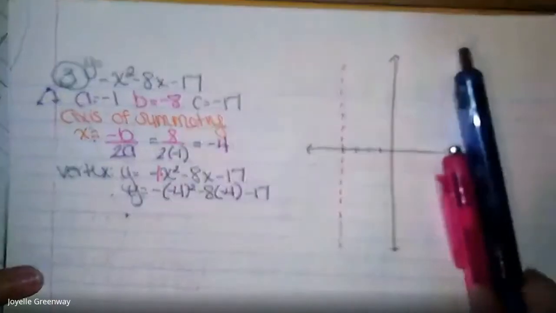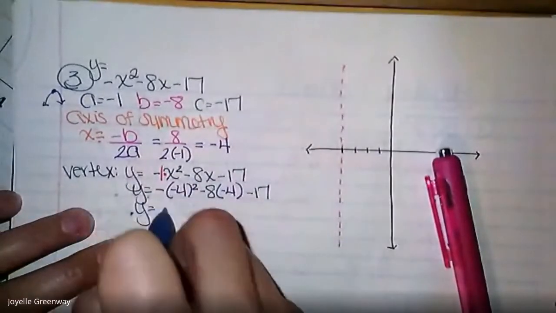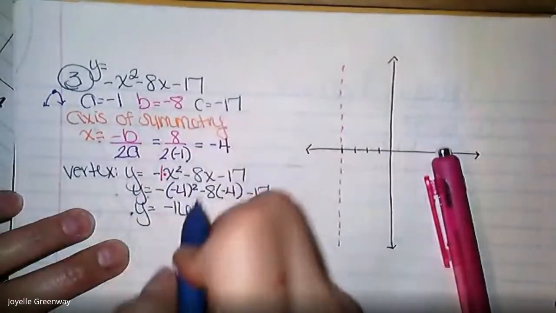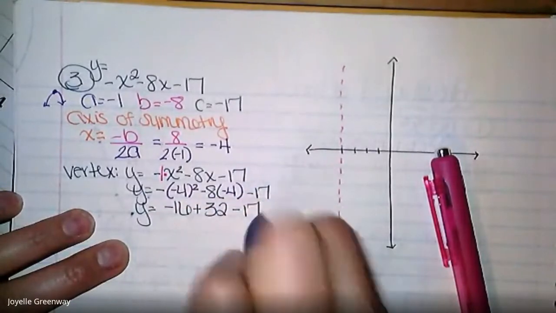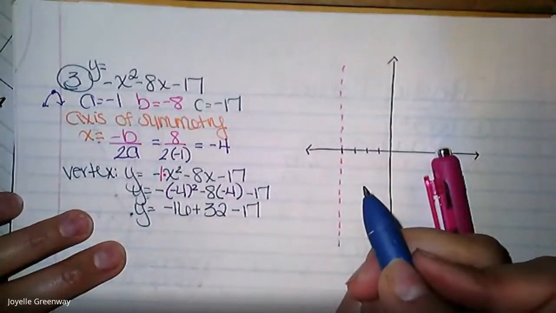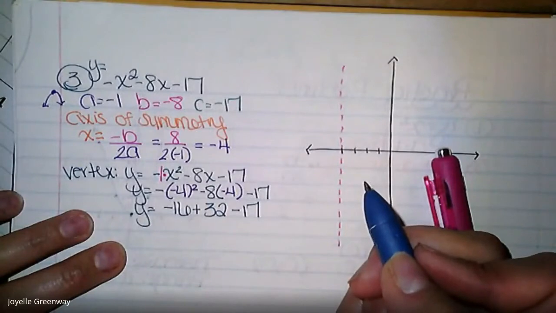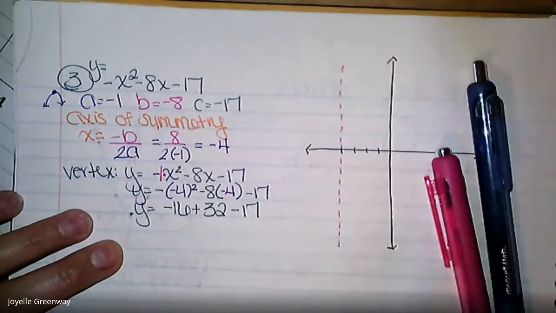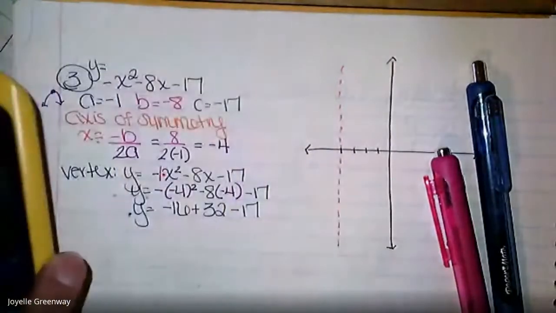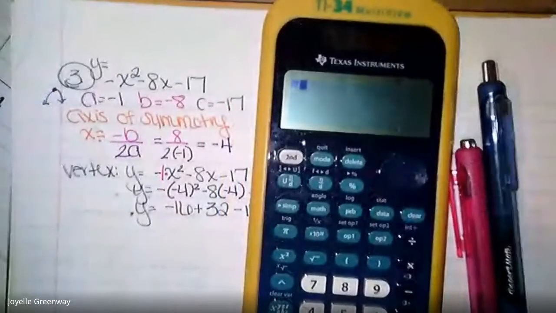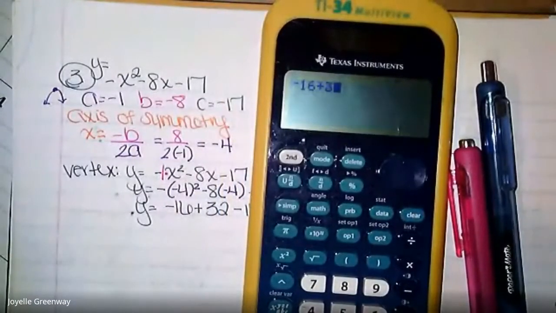So y is equal to negative 16 plus 32 minus 17. I believe this is going to be 1. But we know I don't trust my basic math. Negative 16 plus 32 minus 17, negative 1.